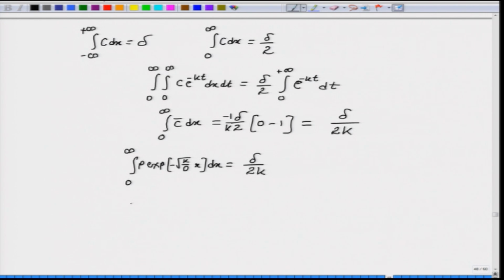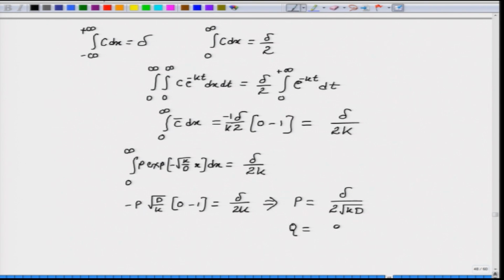So, this comes out to be minus p root d by k, exponential minus infinity is 0, exponential 0 is 1, is equal to delta by 2k, or p is equal to delta by 2 root kd. Now, with the similar treatment on the left hand side, we can show the q will also be same.